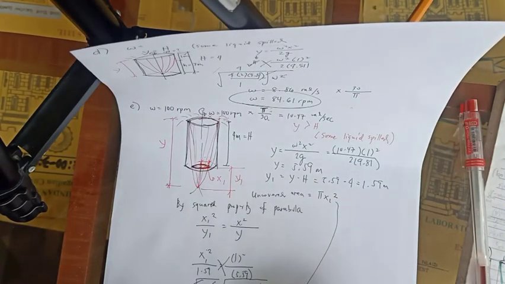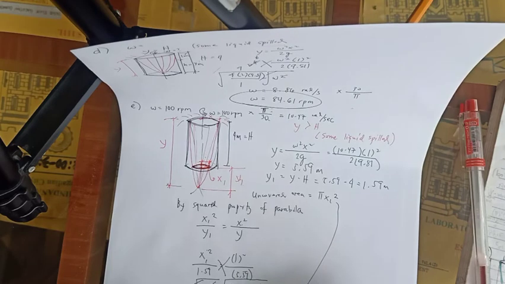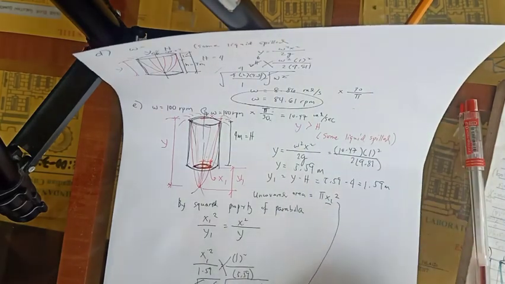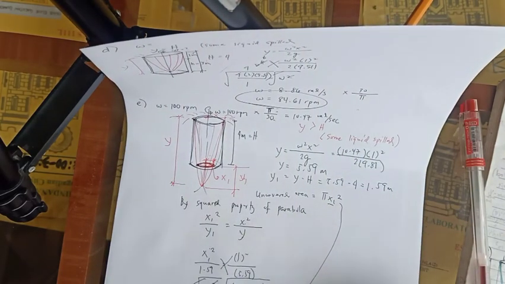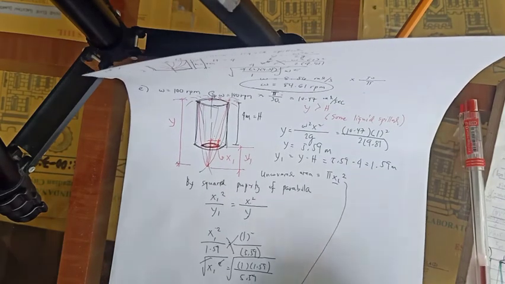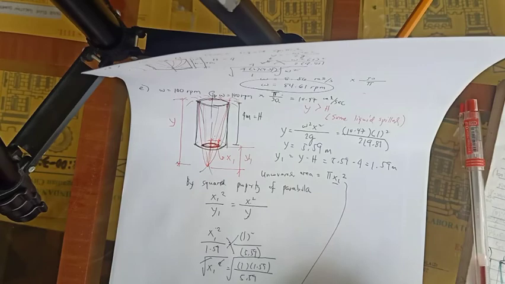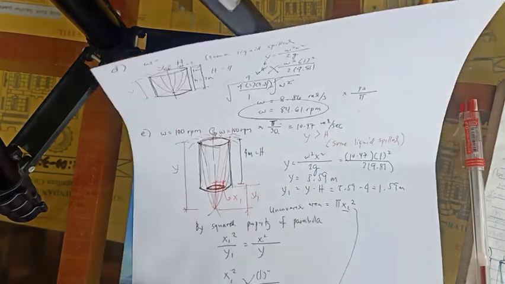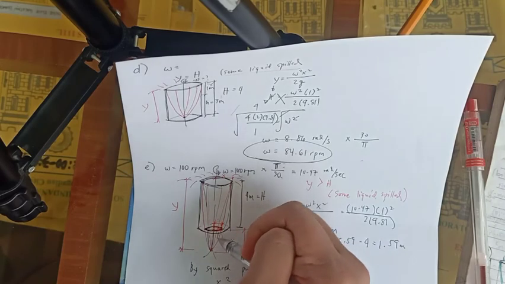Back to the uncovered area. So A uncovered equals pi, our x sub 1 is 0.53 squared. Therefore, the answer is 0.88 square meter. So the uncovered area is this one.